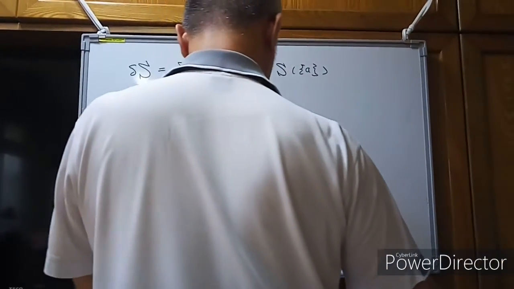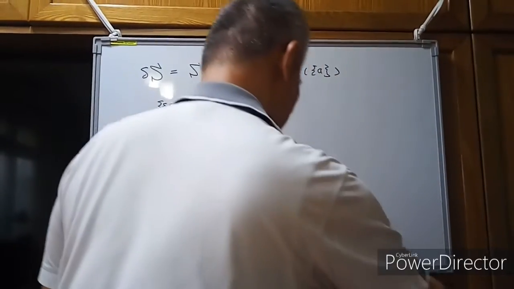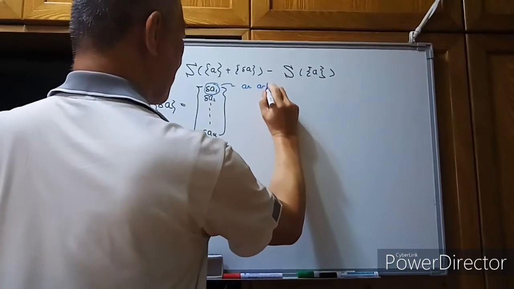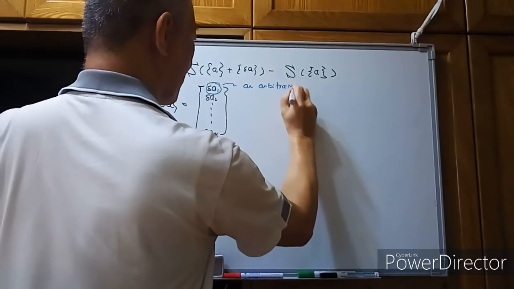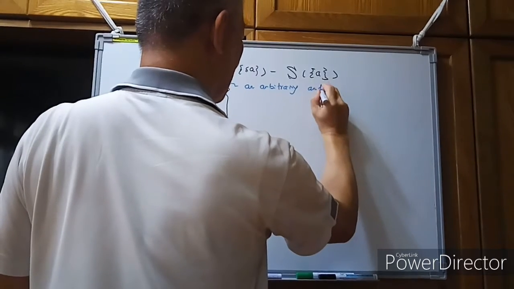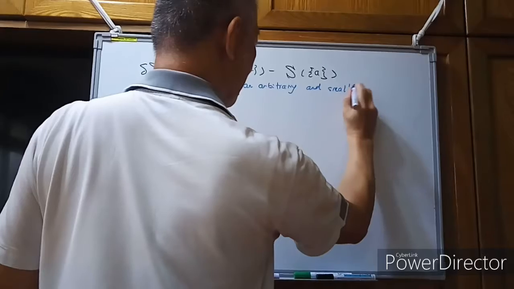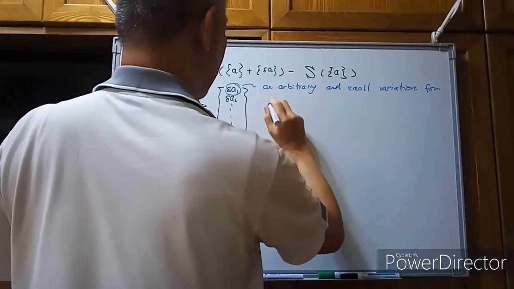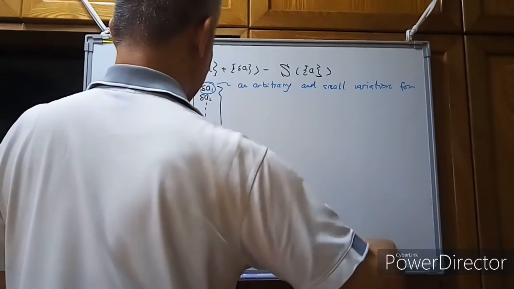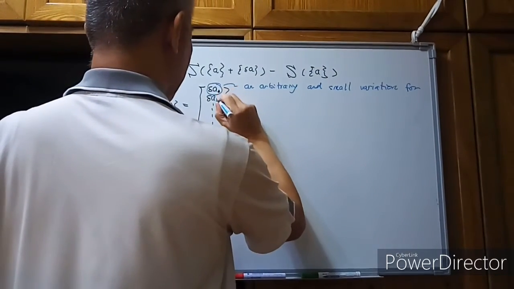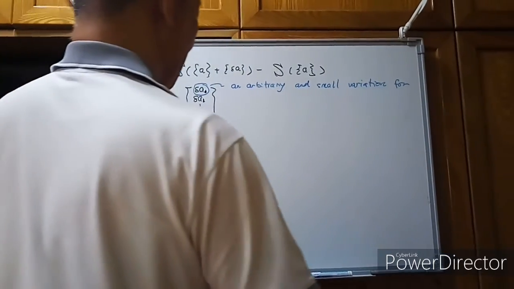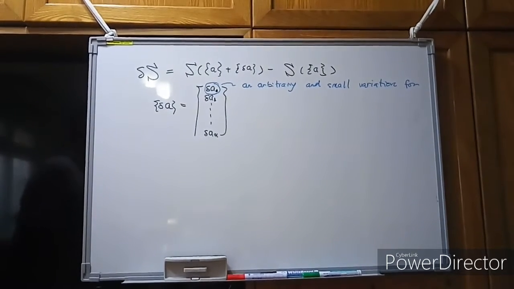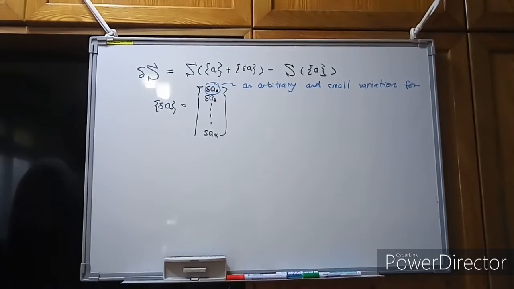So the delta A0 is an arbitrary and very small variation for A0.